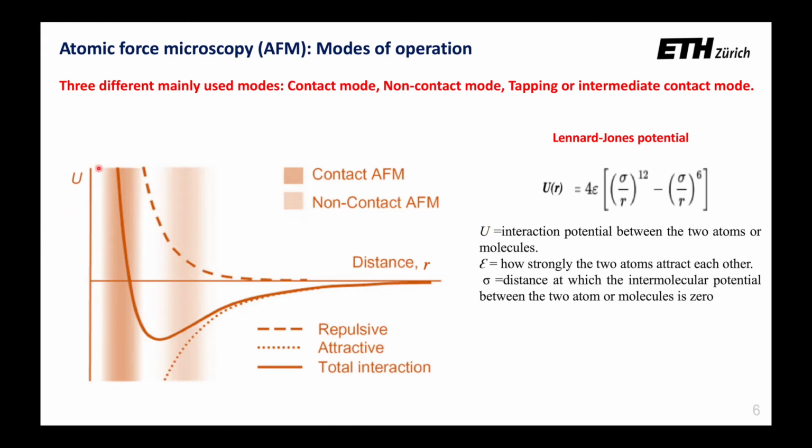If you plot the potential against the distance, the contact mode AFM works in the repulsive interaction region. The non-contact mode works in the attractive region. And the intermediate contact mode oscillates between these two regions.